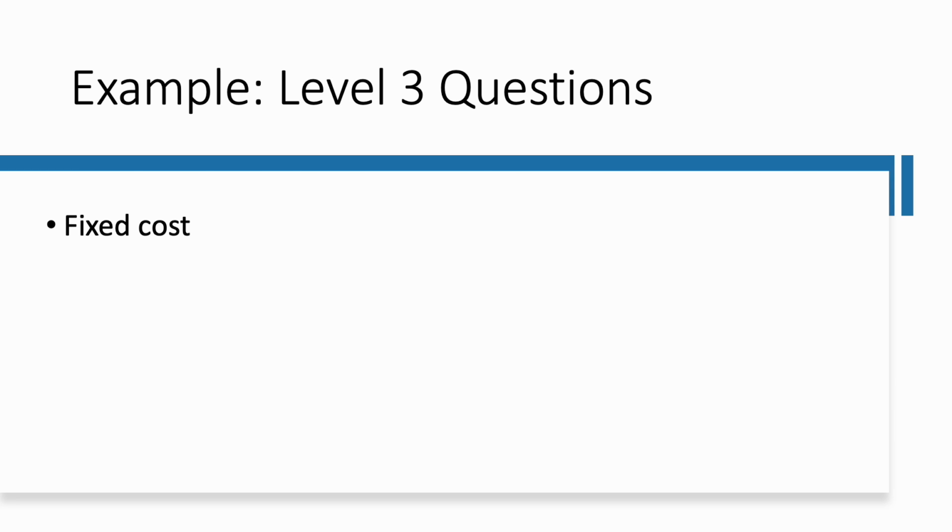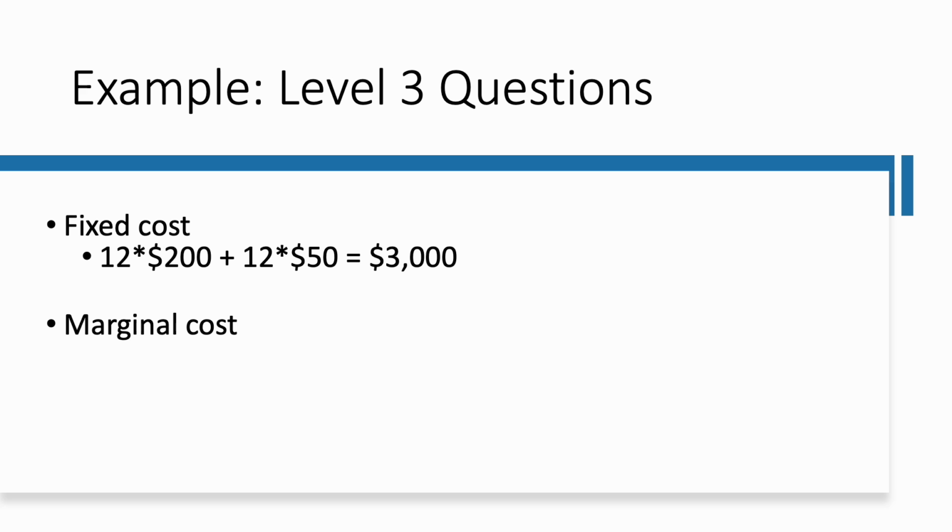For fixed cost, we have 12 months times $200, which is the rent per month, plus 12 months times $50 per month, which gives you a total of $3,000.